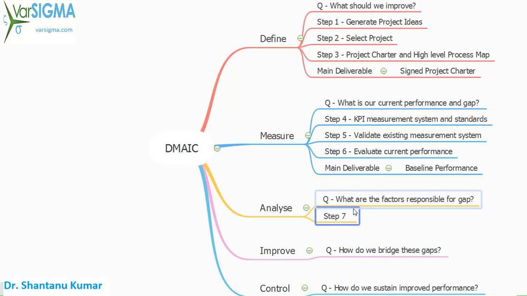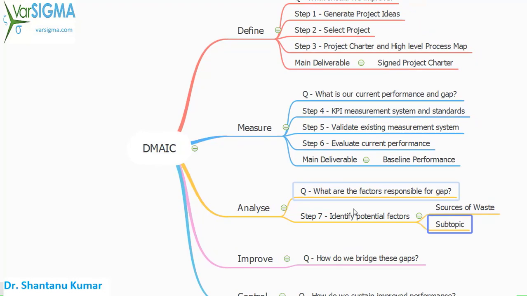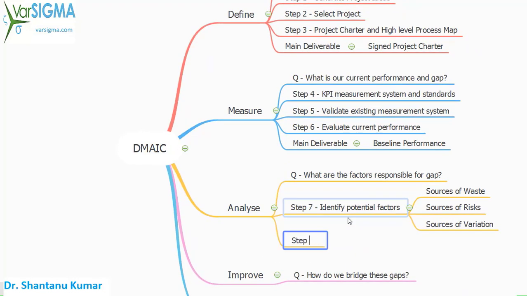The first step in analyze phase is to identify potential factors, factors responsible for waste, risks, and variation in our process. Once we have identified these factors, we would validate these factors using data.